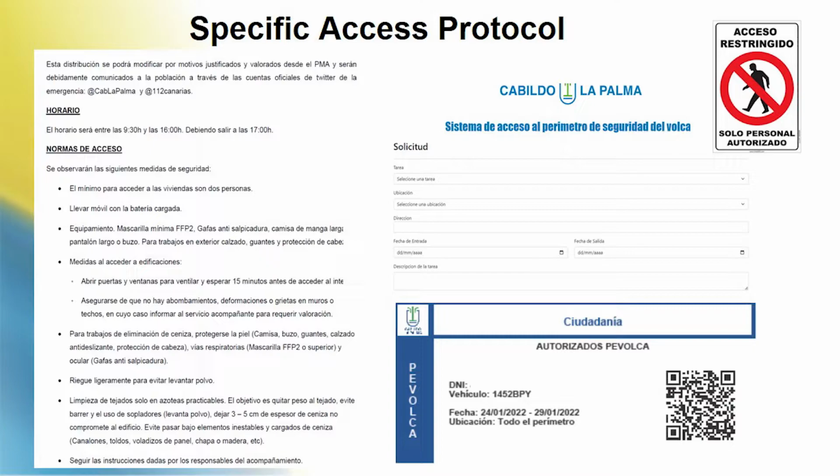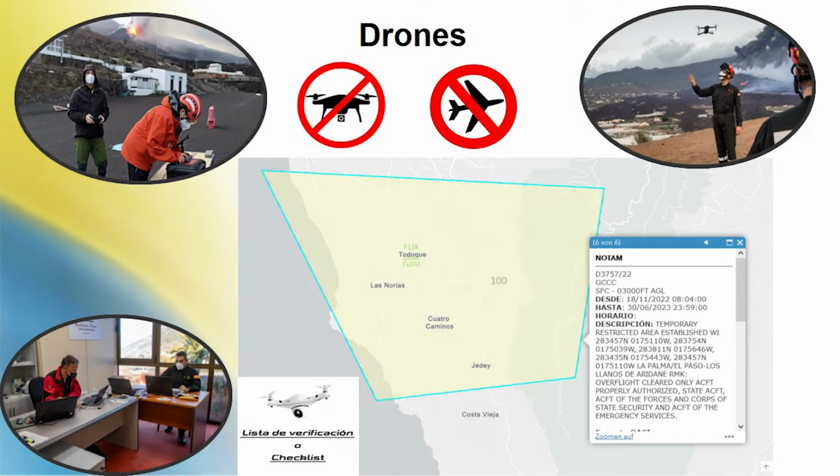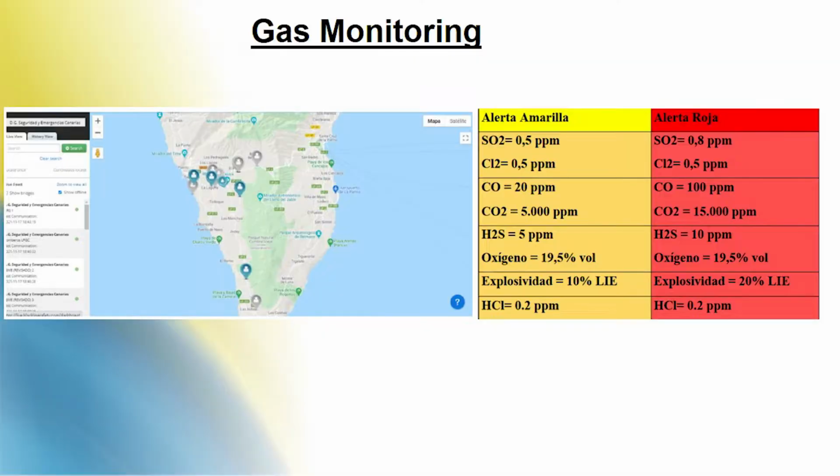So it was also a very stressful situation, with minimum requirements of self-protection for the population. There was a restricted zone, so drones and other aircraft couldn't access this area.